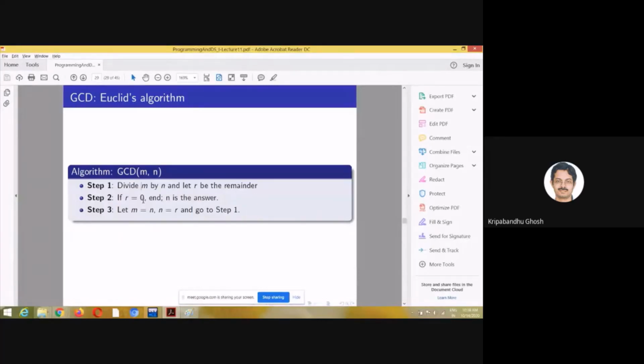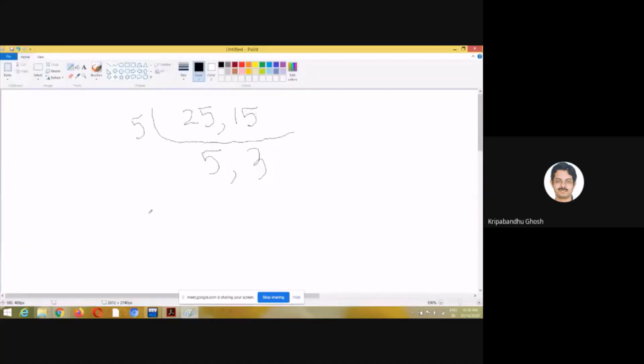To wrap it up, if A is a number, it can be written like this: A = Q0 B + R. Sorry for my bad handwriting.